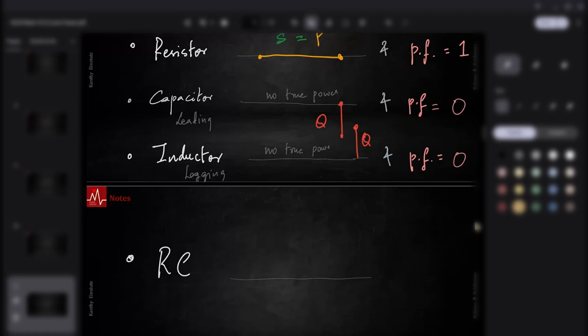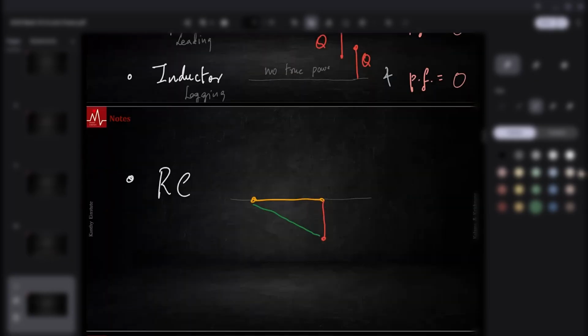Resistor, there will be a base. This is a capacitor. It will be a downward pointing triangle. Yeah. So RC element, technically it could be this or this. Either it could be this. It could also be this.